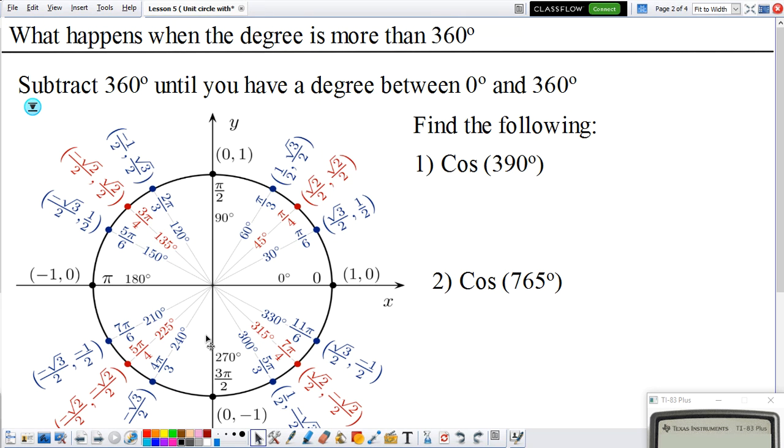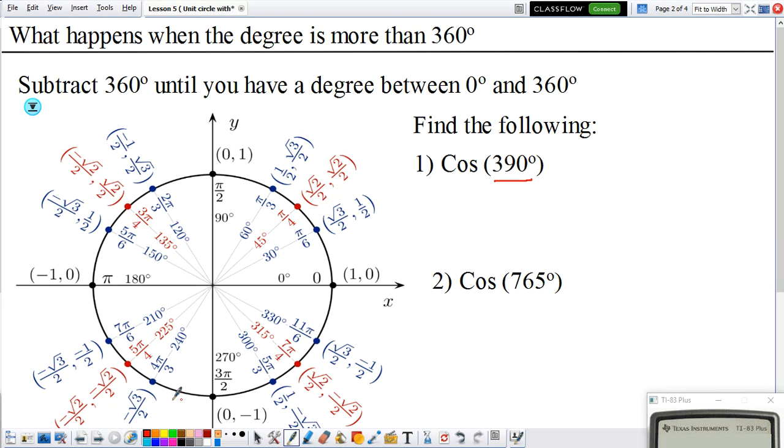So let's see. We have seen how to find sine, cosine, tangent. But if you notice, all the examples we were doing before were between 0 and 360 because we want to use our unit circle. So what happens if we want to find the cosine of 390?